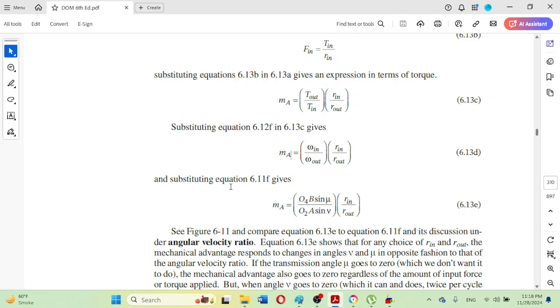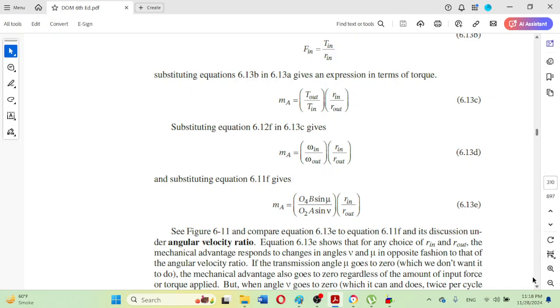When we substitute the values of the angular velocity ratio in terms of physical link length, this comes out to be m equal to O4b sine v divided by O2a sine v, times r in by r out.